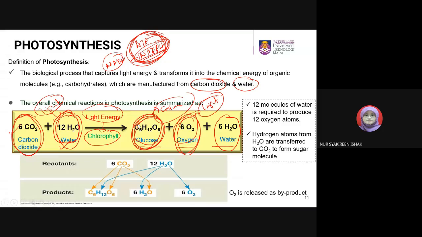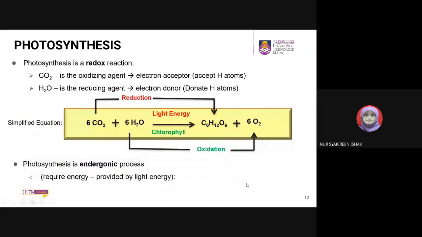Okay, so oxygen is the byproduct which is released during light reaction. Okay, so same as cellular respiration, photosynthesis is also a redox reaction. Carbon dioxide will serve as the oxidizing agent, which is it accepts electrons.